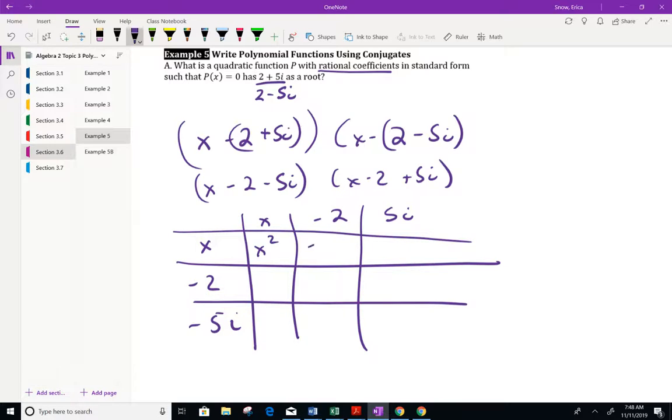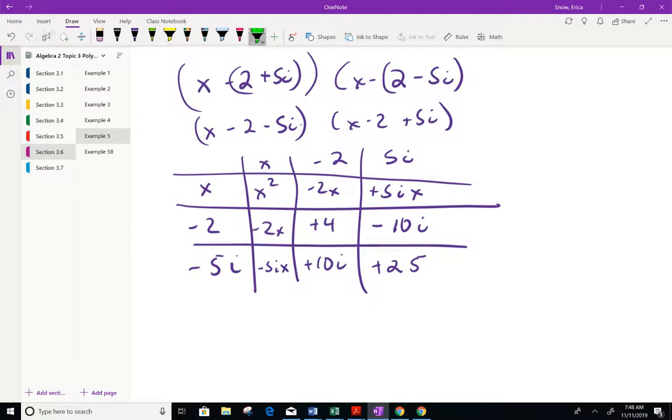We get x squared minus 2x plus 5ix minus 2x plus 4 minus 10i minus 5ix plus 10i, and then this is going to be plus 25.